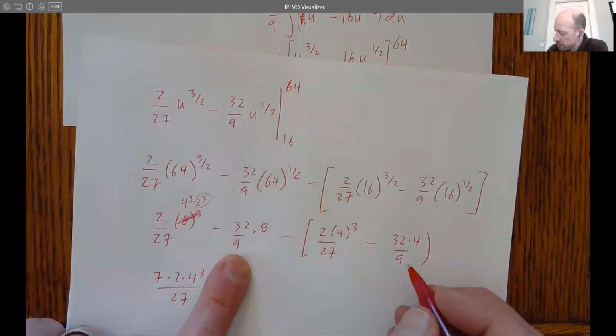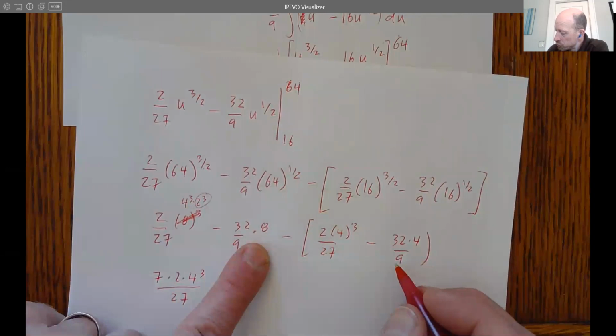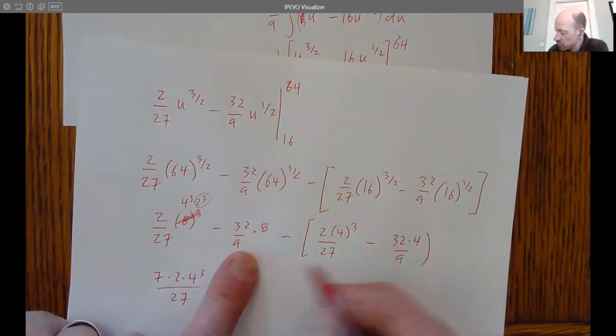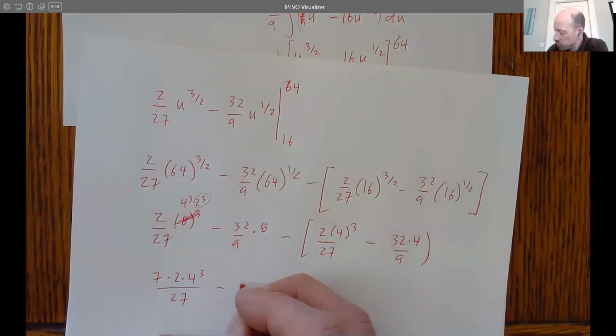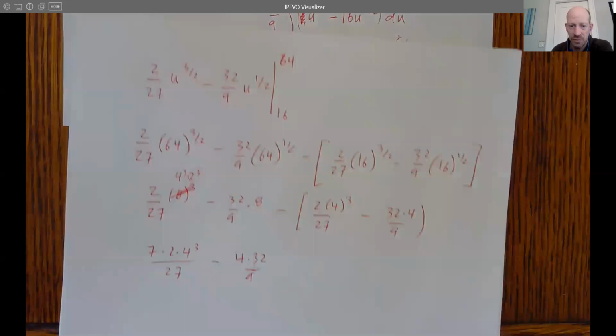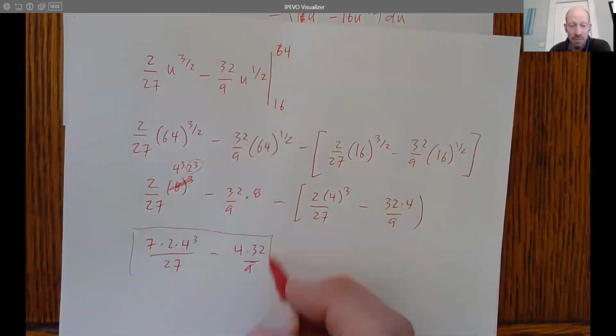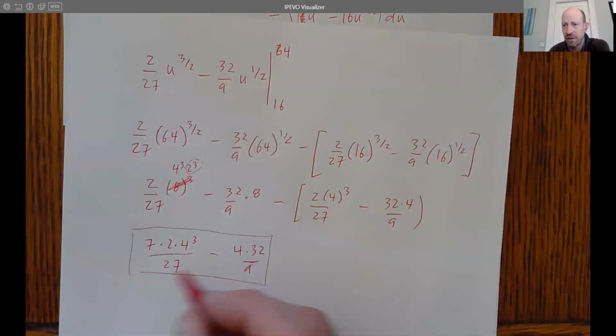And then I have minus 32, minus 8 32s plus 4 of these 32s is going to be minus 4 32s over 9. I'm just doing this in my head just because I only have my calculator right here, right? And if I were to give you this problem, I'd be overjoyed if you just got to here.